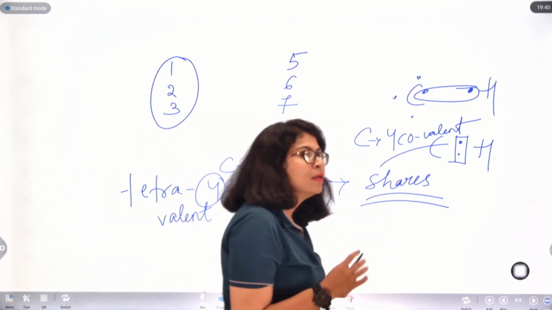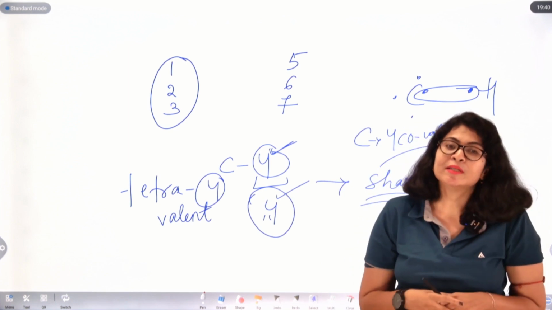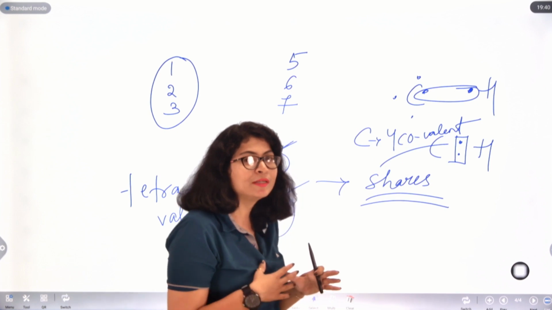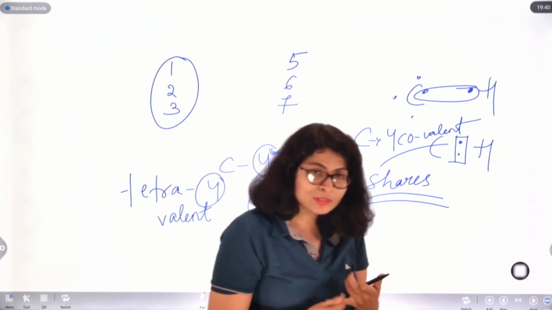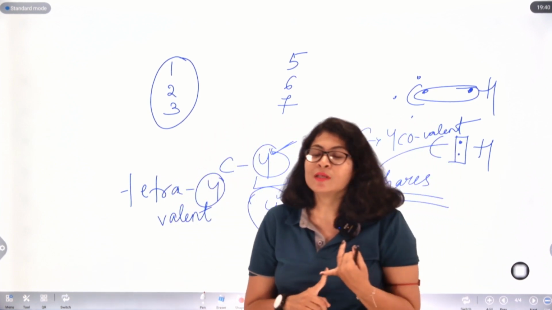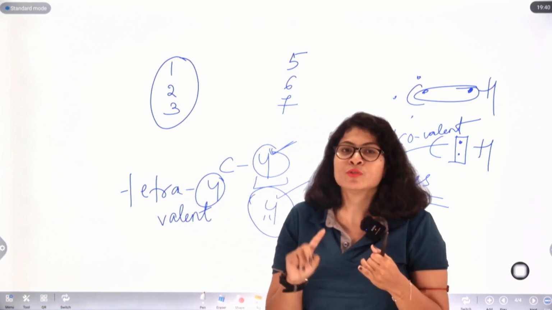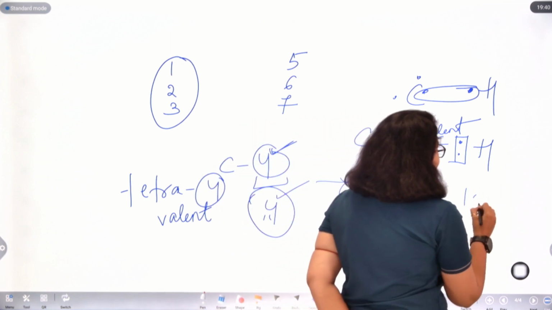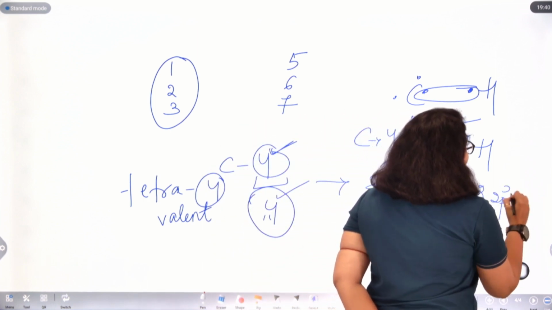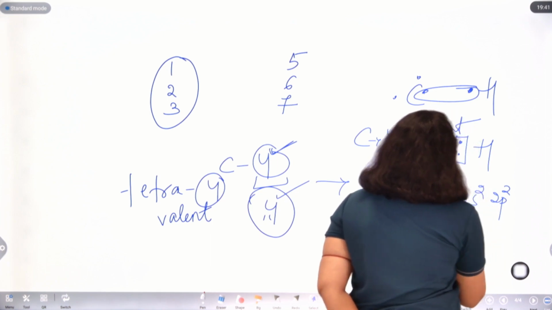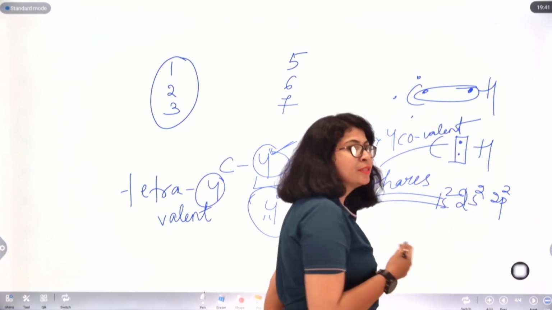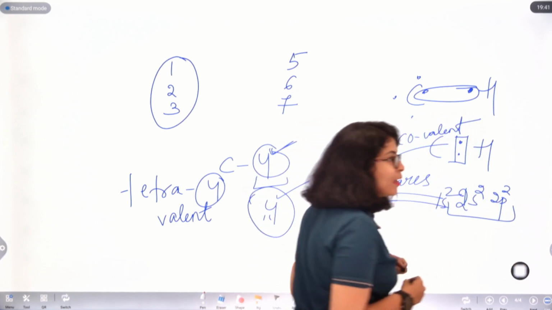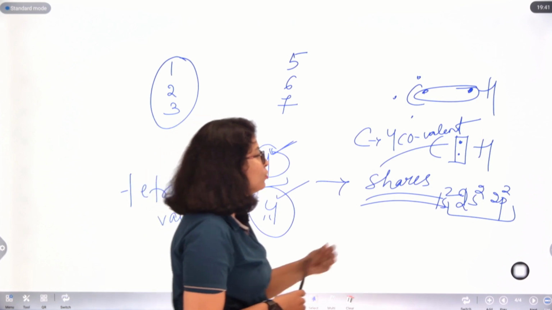Okay, so we knew something about carbon, like carbon is an element belonging to the p block of the periodic table. It has atomic number 6, that means it has 6 electrons and 6 protons, and the 6 electrons are distributed in the electronic configuration 1s2, 2s2, 2p2. Which will be its valence electrons? The valence shell will be the one with the highest principal quantum number, which is 2s2, 2p2.